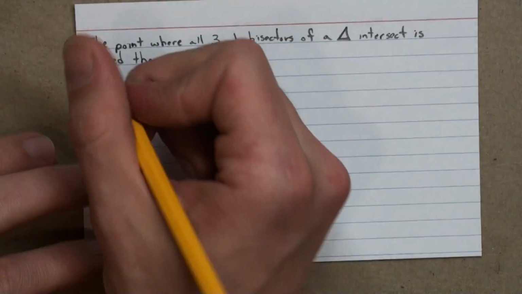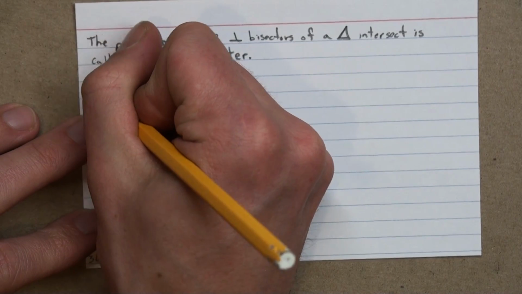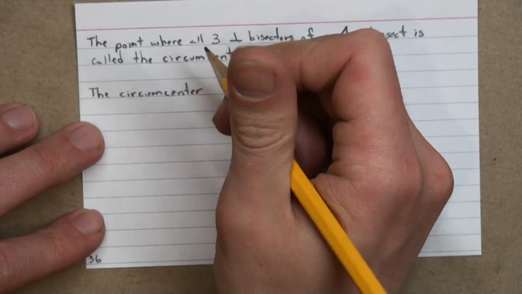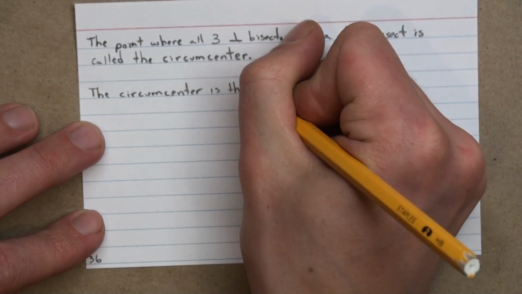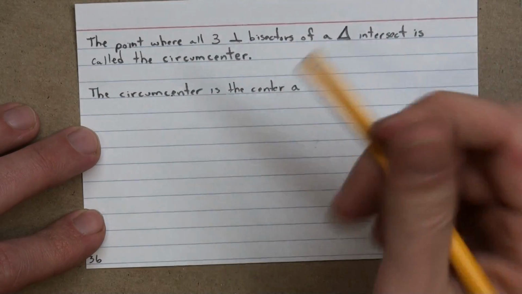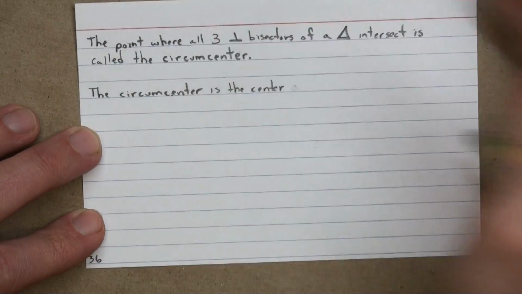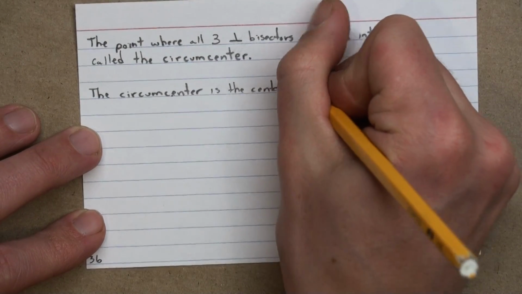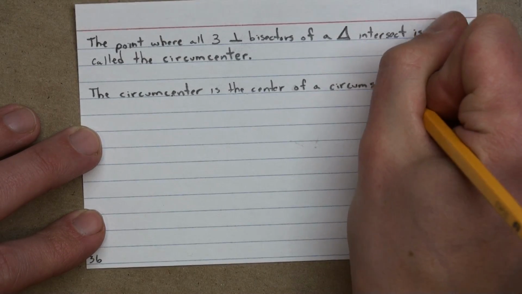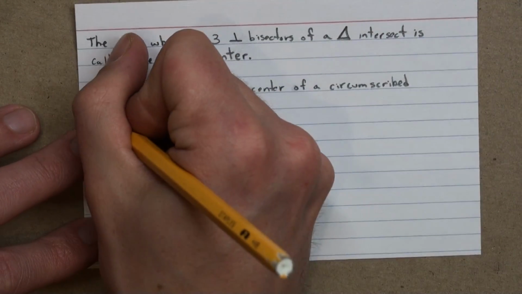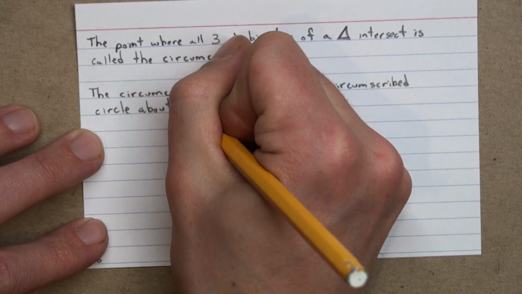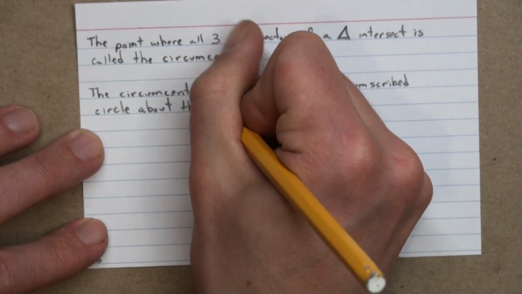And for this one, the next point is that the circumcenter is the center of a circumscribed circle about the triangle.